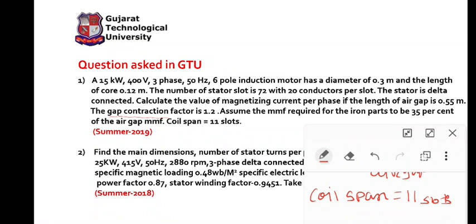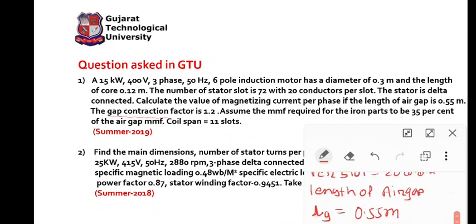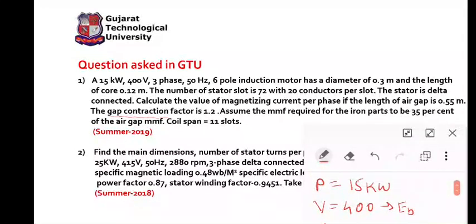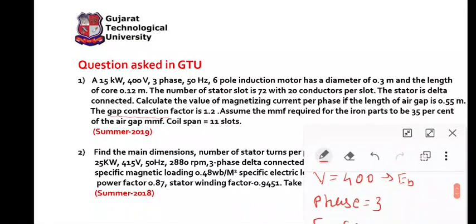So with the help of all this data, we can start the calculation of the given example.